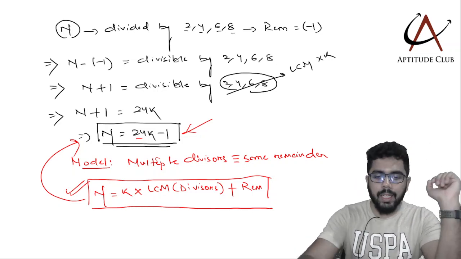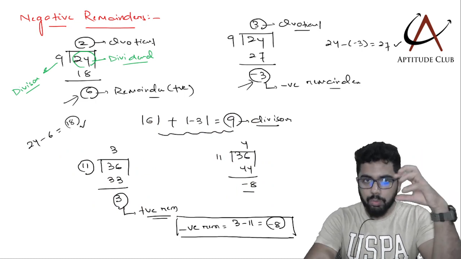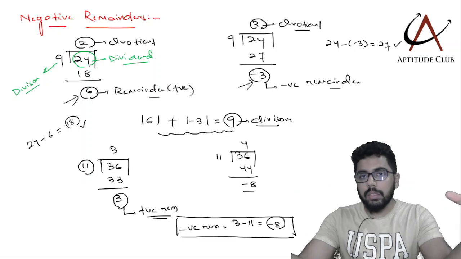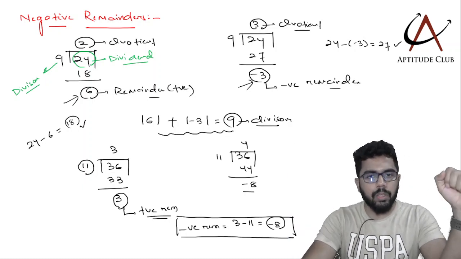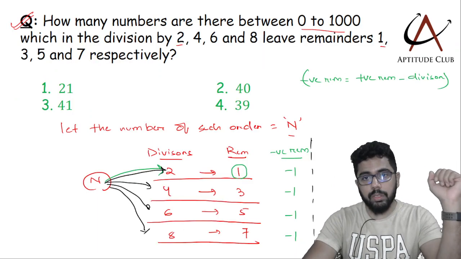So concept of negative remainders, very fundamental question. But I hope all of you understood this. What are negative remainders? We don't use negative remainders to conventionally find the answer. It is used to solve questions in remainders. Okay, very simple model, not a difficult question, and I hope all of you understood the explanation of this.